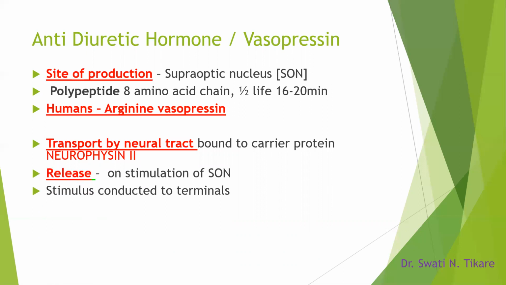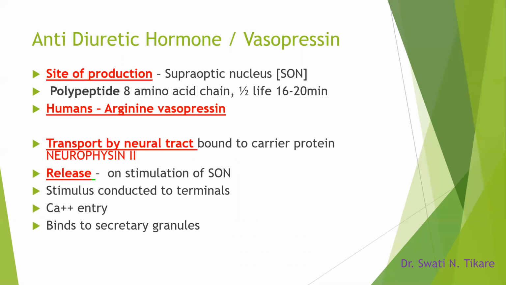This ADH is released on specific stimulation of the supraoptic nucleus. When it is stimulated, the stimulus passes through the neural tract, and at the nerve terminal in the posterior pituitary, it causes entry of calcium inside, and calcium binds to the secretory granules.